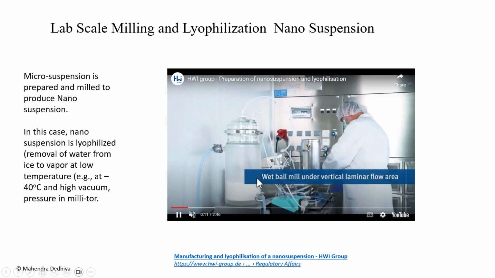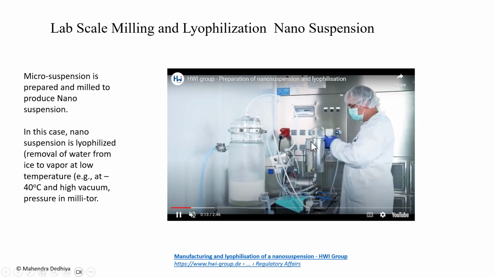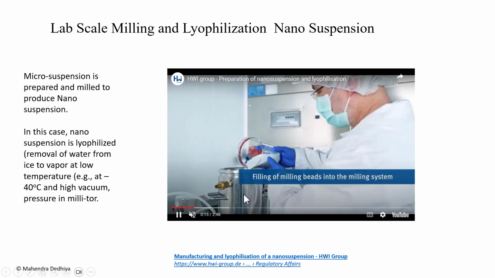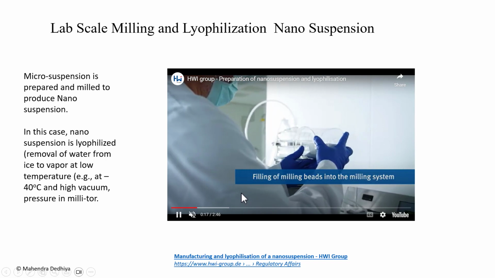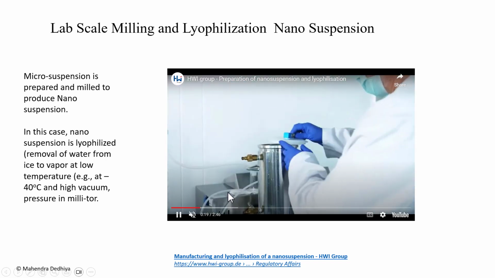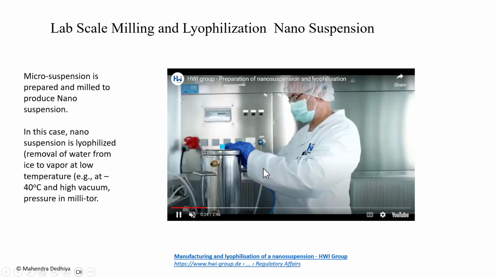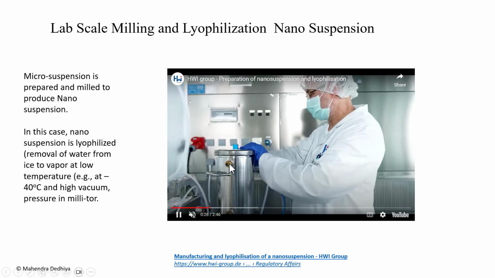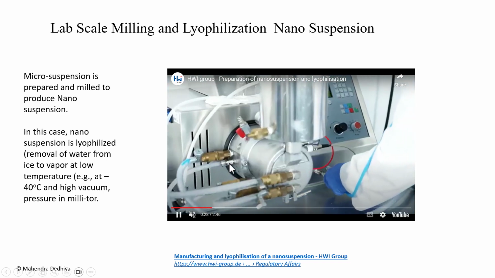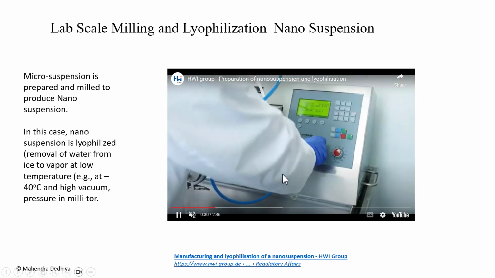So wet ball mill material is added, and these materials are very specialized. The mill is then sealed properly, and the mill will be then removed, and suspension material will be added.